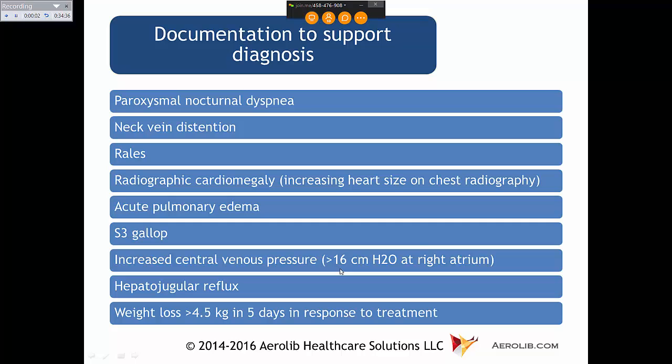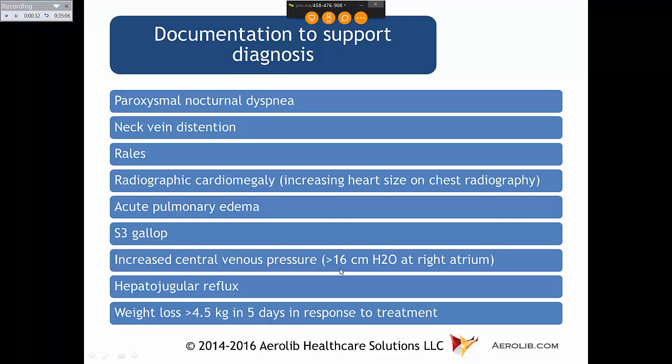Just to recap on documentation to support diagnosis: there is the absence or presence of paroxysmal nocturnal dyspnea, neck vein examination, very important, respiratory examination, important, and imaging, whether it's CT or chest x-ray, that needs to be in your H&Ps, progress notes, and discharge summaries. Also the absence or presence of pulmonary edema, and cardiovascular examination documenting the absence or presence of S3 gallops.